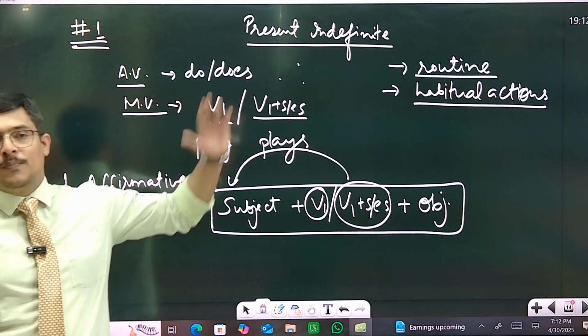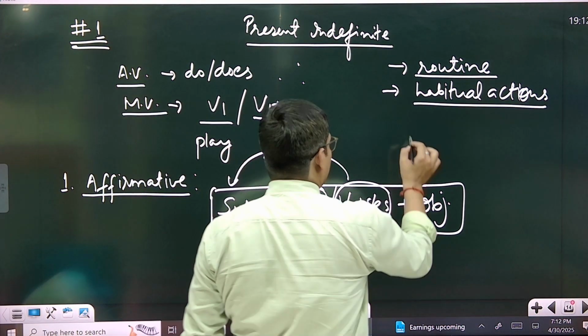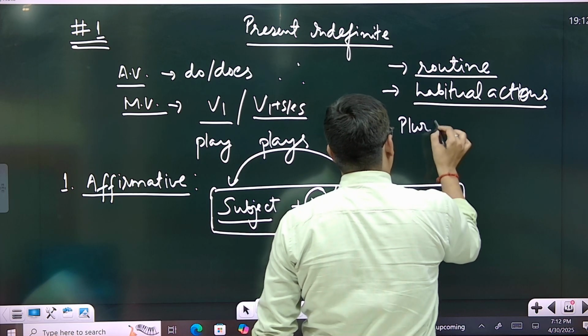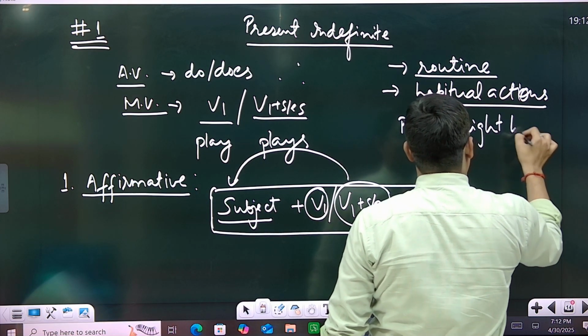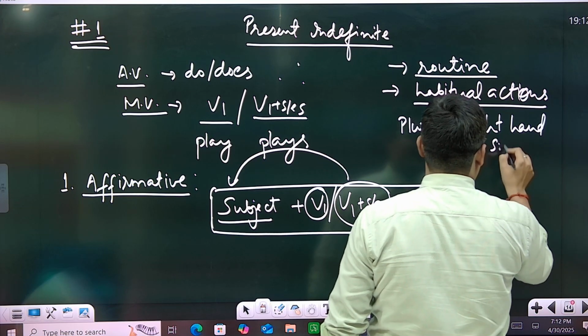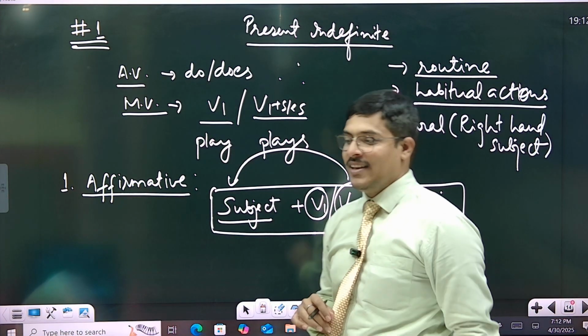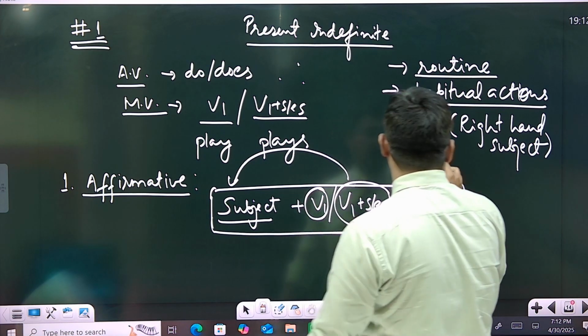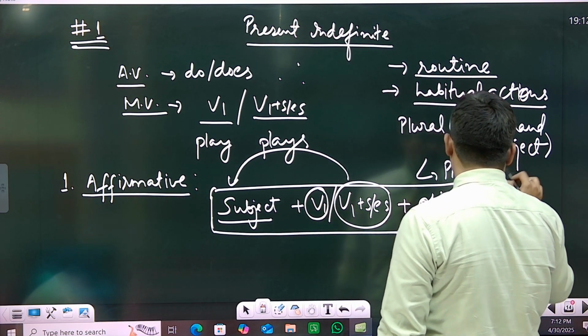Like we saw in the previous slides, if your subject is plural, say right hand subject, I will tell you what this right hand subject concept is. If your subject is plural, you use plural verb.